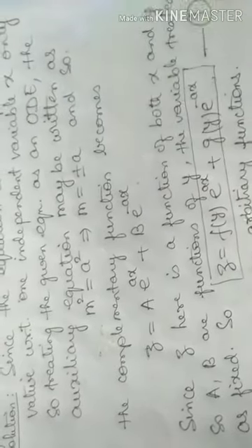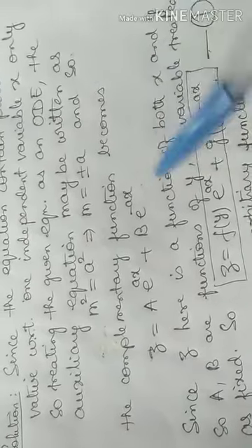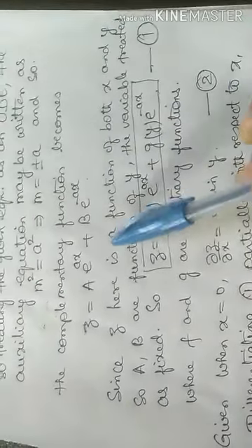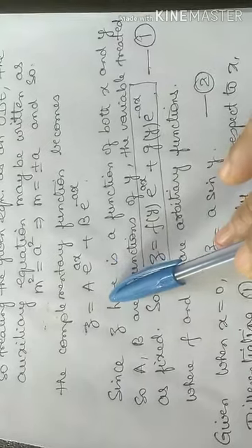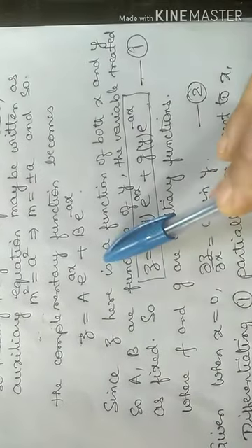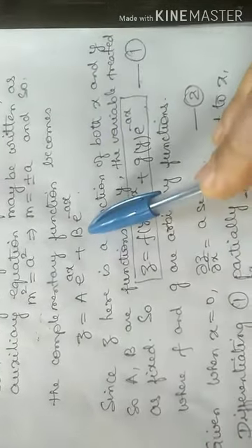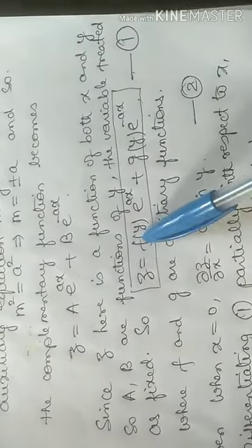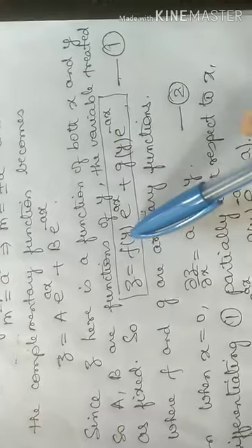All this we have already studied in module 1, differential equations. So this should not be something new. Again, since z is a function of both x and y, A and B cannot be pure constants, but they are functions of the variable held fixed, that is, functions of y.